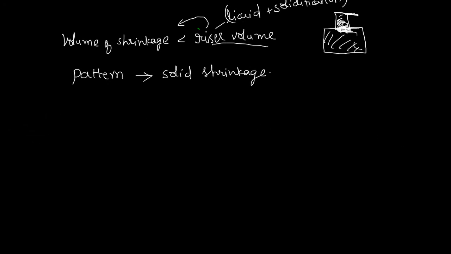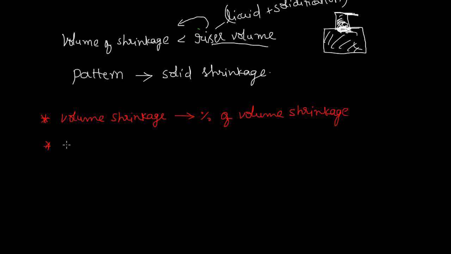For examination, you have to remember these golden points. The first point is volume shrinkages are given in percentage of volume, and the solid shrinkage is given in linear dimensions, right?